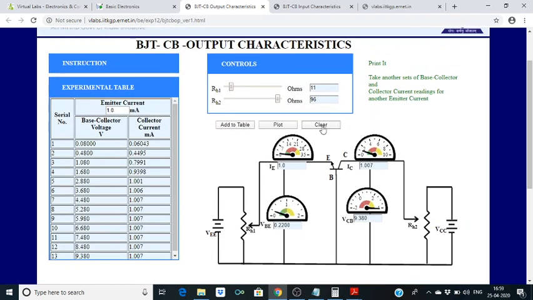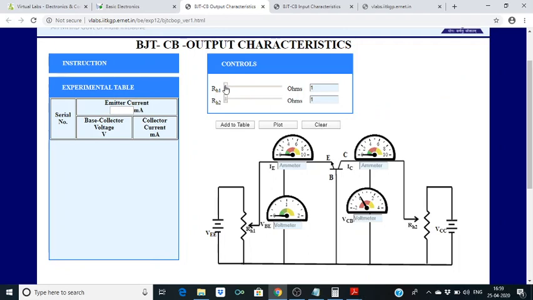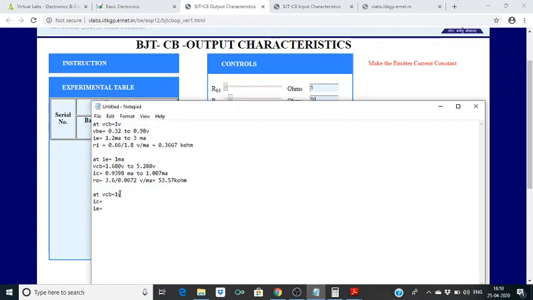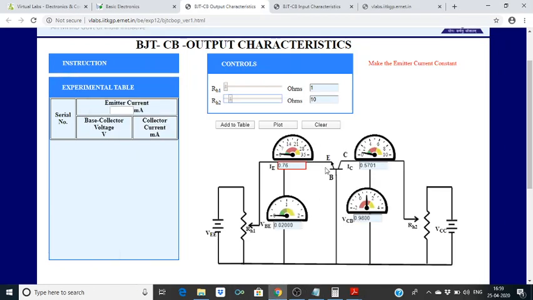Let me first clear it. Now we will make both these rheostats at 1, this also to 1. Now let me make this VCB equal to 0.98, approximately 1 volt.